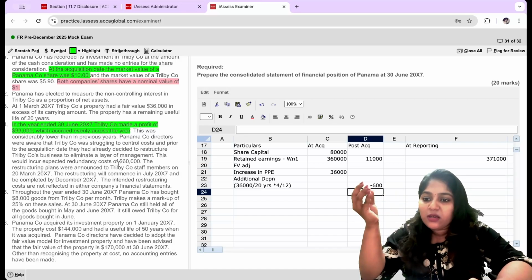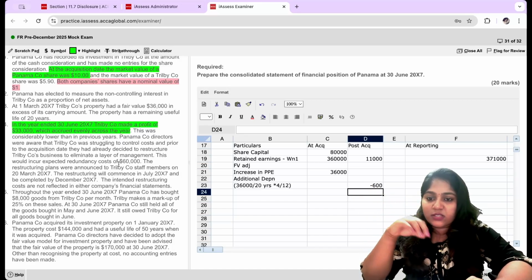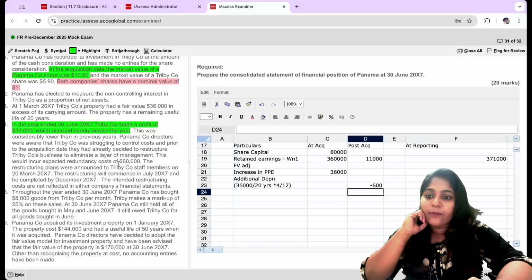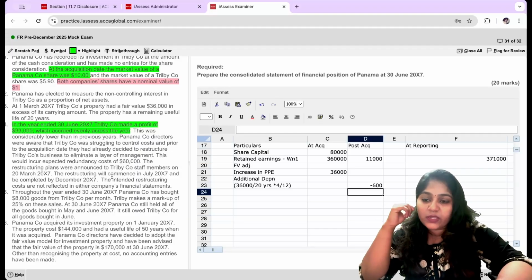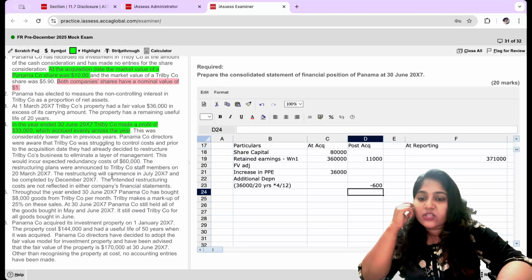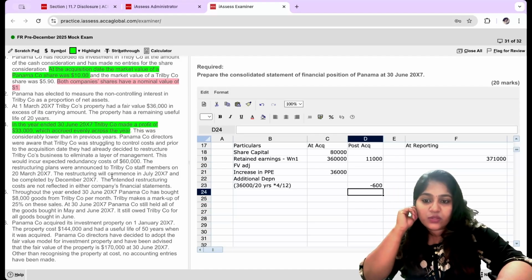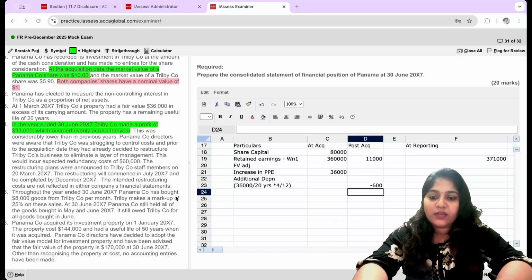This would incur expected redundancy costs of $60,000. The restructuring plans were announced to Triple E company staff members on 20th March X7. The restructuring will commence in July 20X7 and be completed by December 20X7. The intended restructuring costs are not reflected in either company's financial statements.